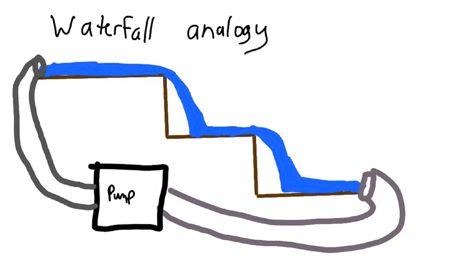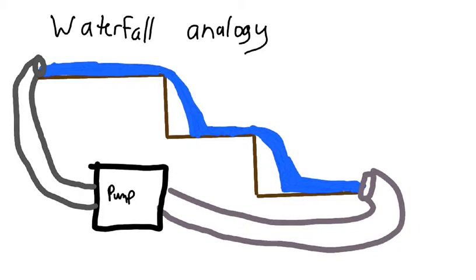Given the term electric current, it's not surprising that we often find ourselves using the flow of water, a current of water, as an analogy for electric circuits. So I've drawn here an analogy for an electric circuit using this sort of stair-step path that the water flows down, and then a pump to get the water back up.